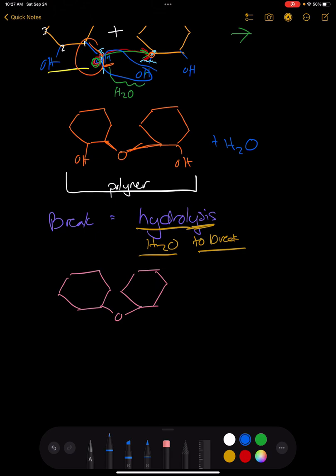Now if I add water to it, this oxygen right here is super duper important, because he's negative, he likes to steal things. He likes to take things away. So when this water comes floating by, this oxygen sees that hydrogen and says, you know what, I'd rather be bound to him.